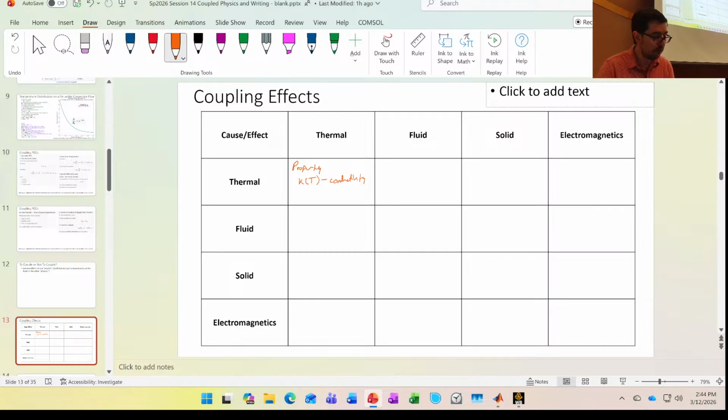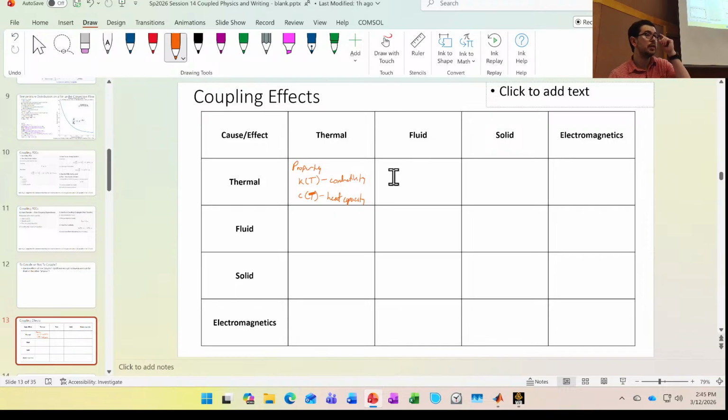And there could be other effects. Heat capacity can also be a function of temperature. Okay. How can a thermal system affect a fluid system? So now we're in this box.